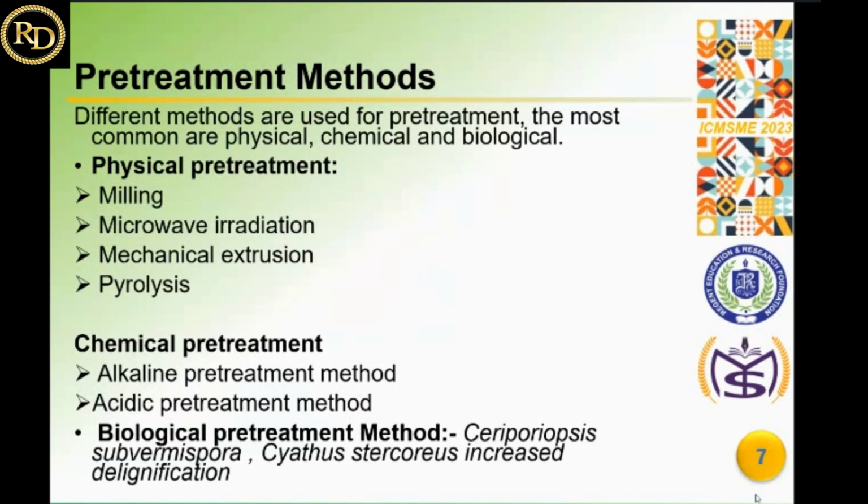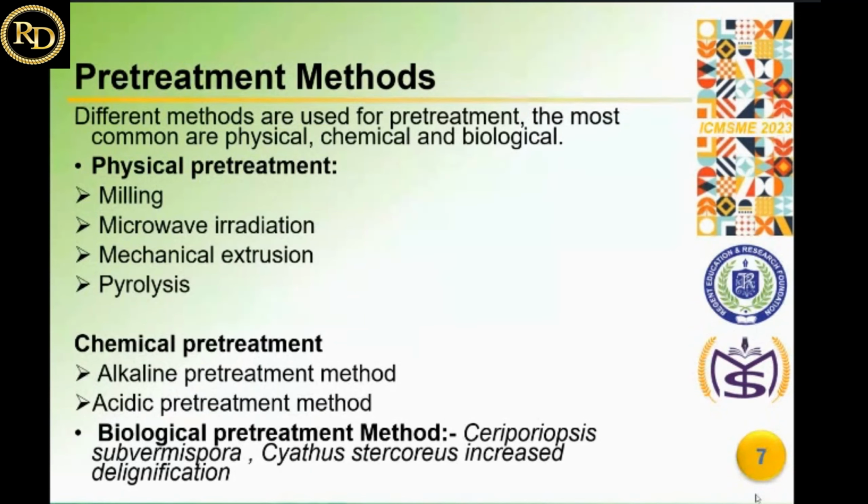We take the biomass, put it in a glass container, and irradiate it at around 2.3 kilowatts of microwave irradiation, which degrades the sugars that are present. Then we also use mechanical extrusion, which is used to make the pieces much smaller and decrease the crystallinity. Then we use the pyrolysis method.